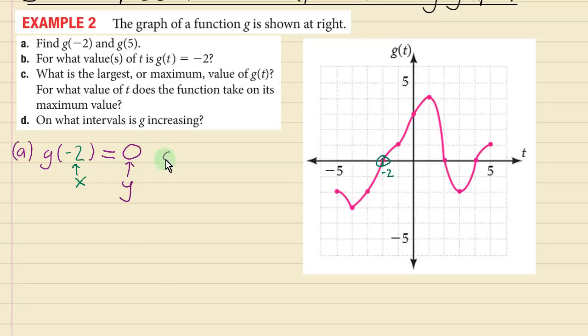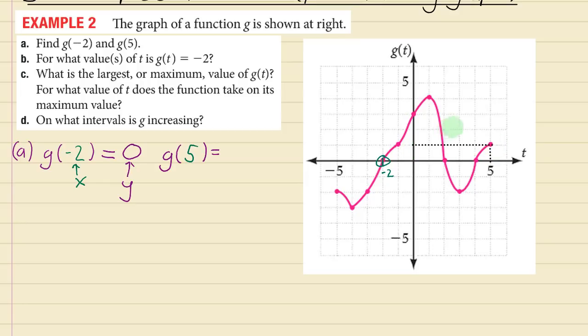Let's do the same thing with g of 5. So let's find out where x equals 5 is on the x-axis here. And what is the y coordinate at that point? The y coordinate of a point always represents the function value, the output.